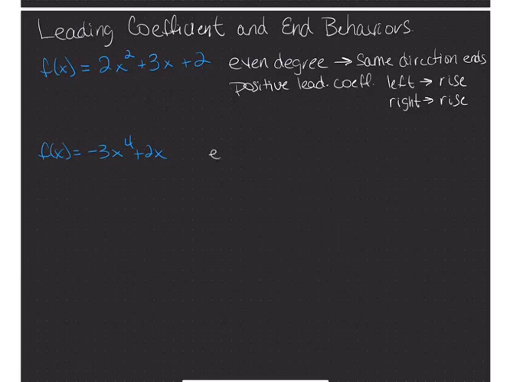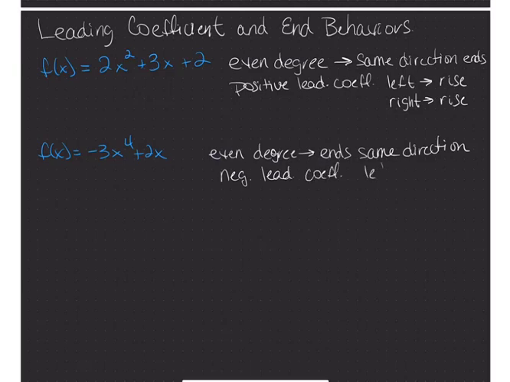Our degree is even. So our ends are going to go in the same direction. My leading coefficient though now is negative. So I have a negative leading coefficient.